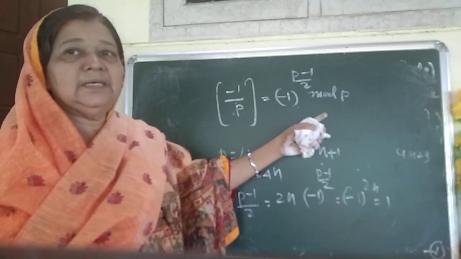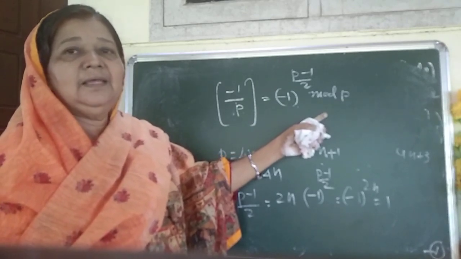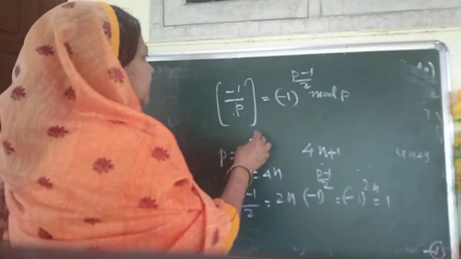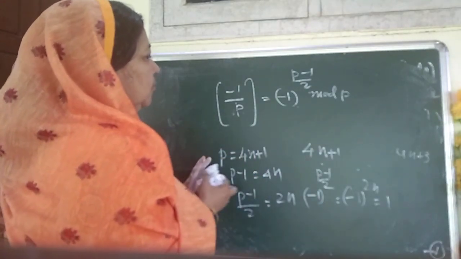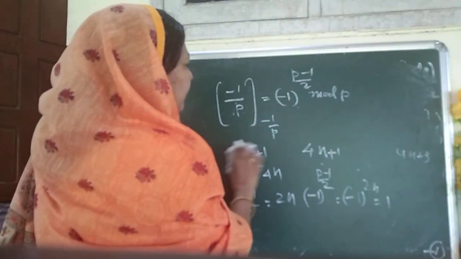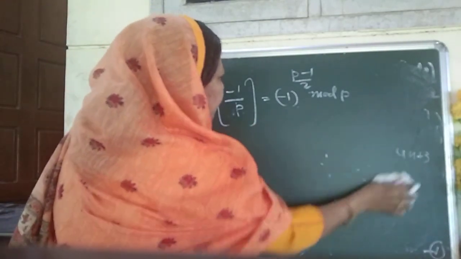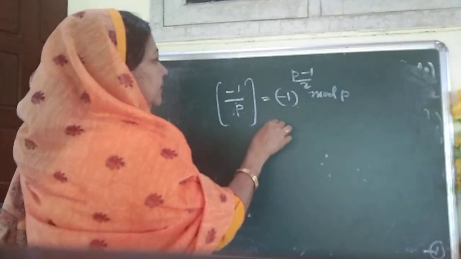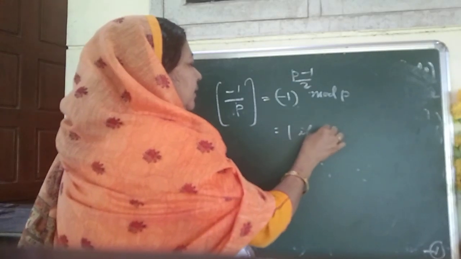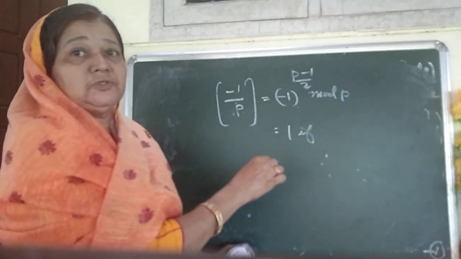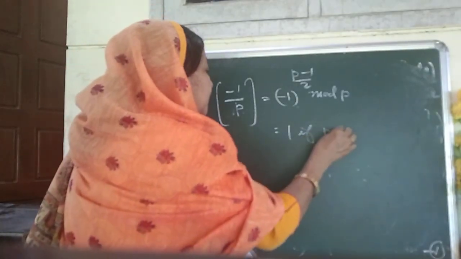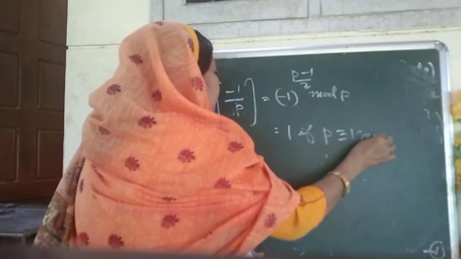We know the values are only between 0, -1 and 1. So the possibility is (-1/p) equal to 1 if p equals 4n plus 1, or p is congruent to 1 modulo 4.